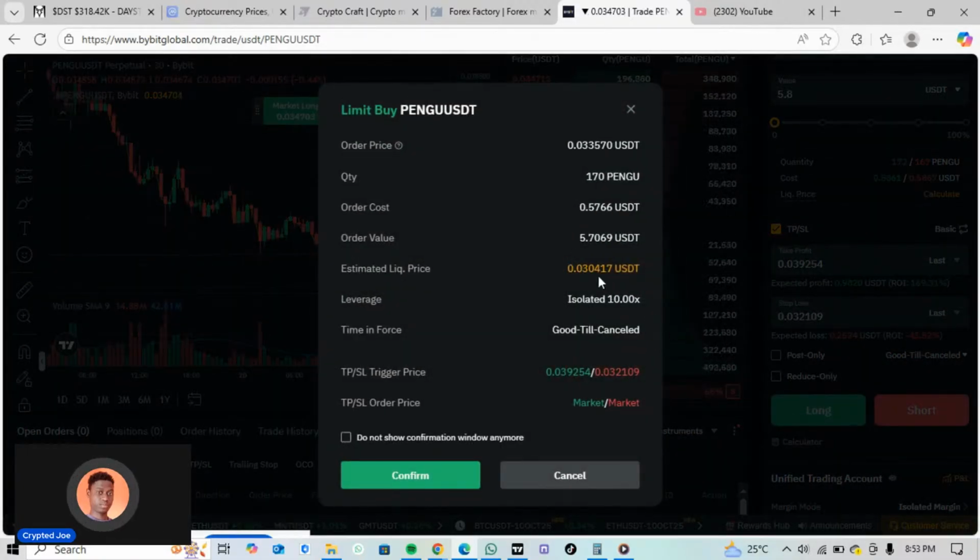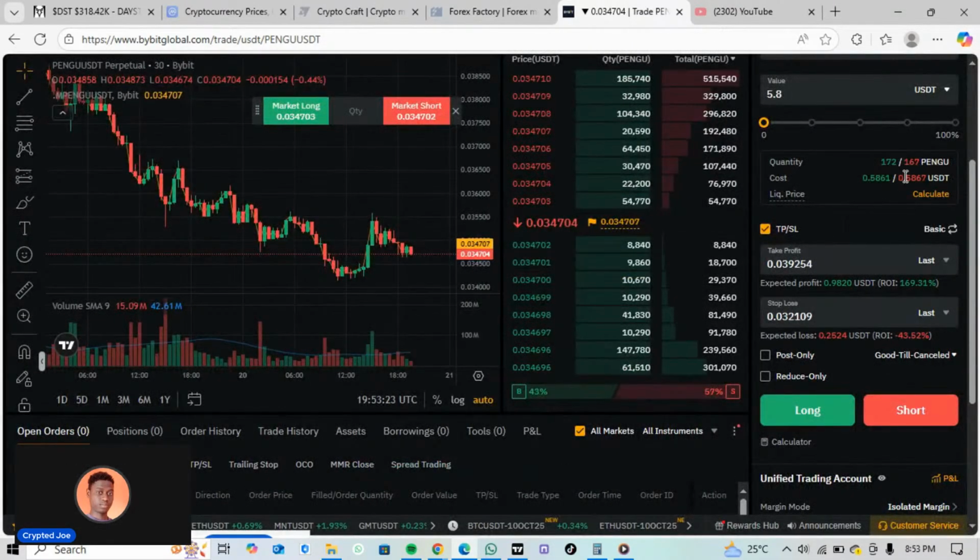So the more you reduce your leverage, the further your stop loss goes from your liquidation and the more USDT you are required to enter the trade. You understand? Let me show you.